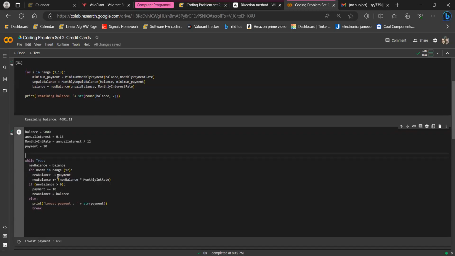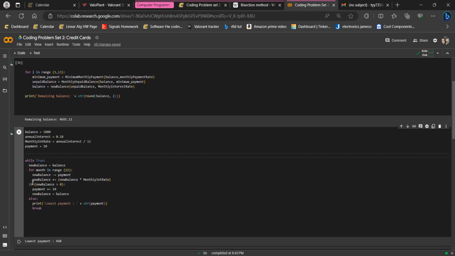So for month or any variable in range 12, new balance is equal to new balance minus the payment. So essentially what this is saying is, for every month, we're taking away the payment from our balance, which is 5,000 on this new balance. And then we're adding the interest rate on the balance that we have onto our new balance after taking away the payment.